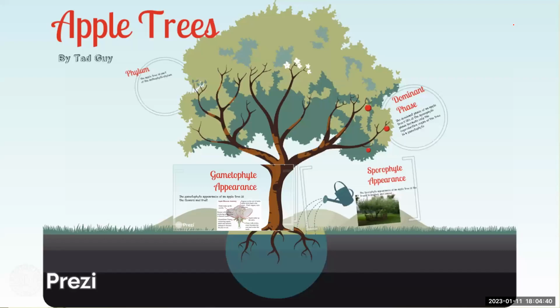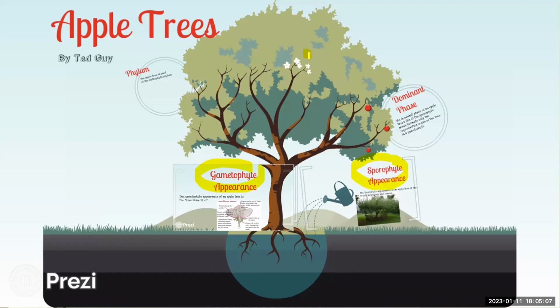Now again I recap the same thing. If we see this big tree, the apple tree, it has the two stages, gametophyte and sporophyte.